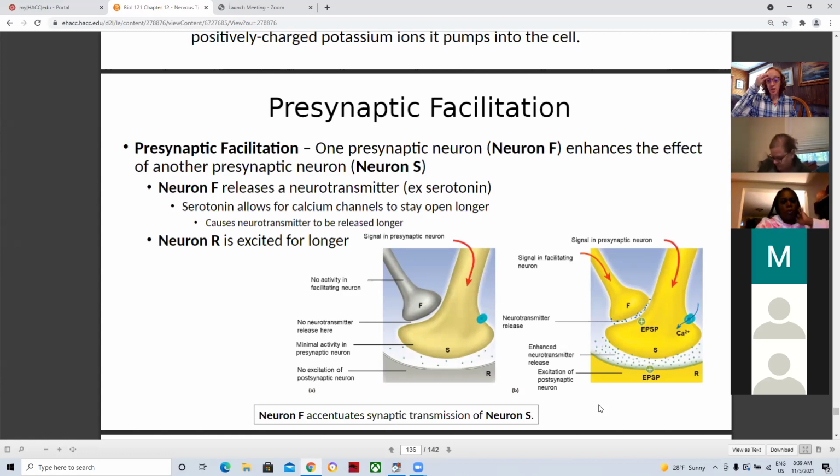From what I understand, calcium actually binds to those vesicles. So if neuron F releases a neurotransmitter that allows for calcium channels to stay open longer, it means that neurotransmitter will be released for a longer period.